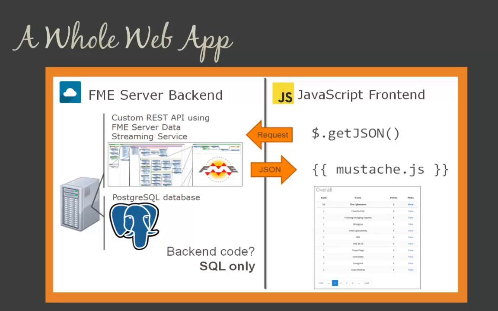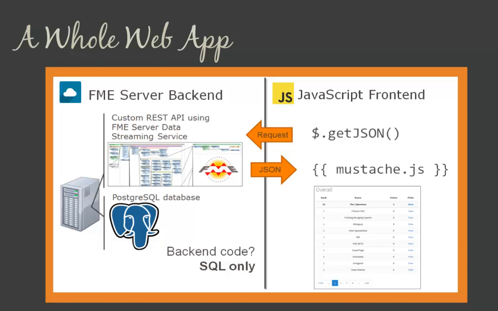This slide just shows how you can build a whole web app using basically just FME and your usual JavaScript, HTML kind of front end. You can build up a REST API there as a workspace and persist the data in a Postgres database, and in the front end you use some AJAX calls and some templating to build up a dynamic web app. So very common database on the back end. FME Server prevents the requirement for coding, and then, like you said, JavaScript on the front end.